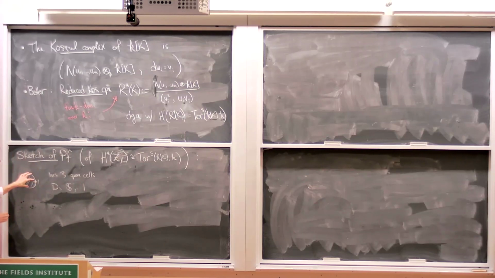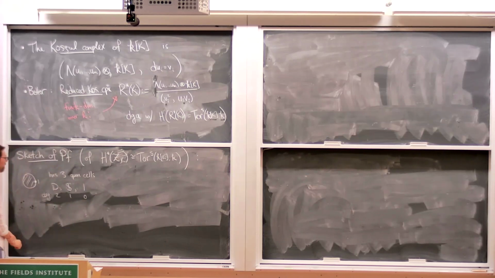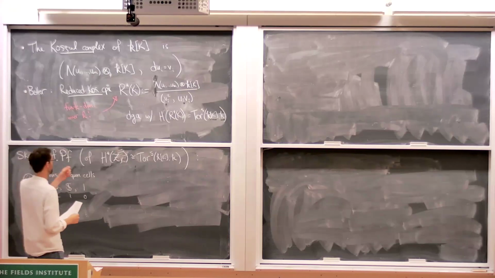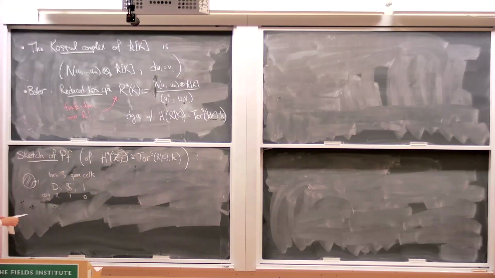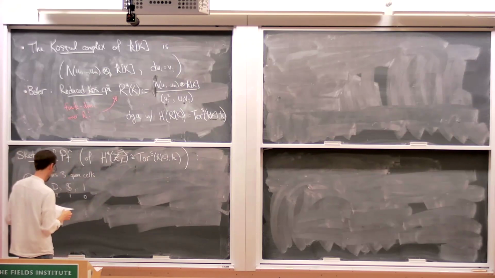I want to think of that as just the whole disk minus the boundary. And S, thought of as an open cell, is the boundary circle minus the complex number 1. And 1 is just 1. So these are in degrees 2, 1, and 0. And then by taking products, we get a cell structure on the polydisk. And so this is going to give us a nice CW structure on Z_K. And yeah, we just have very explicit cochains on either side now.